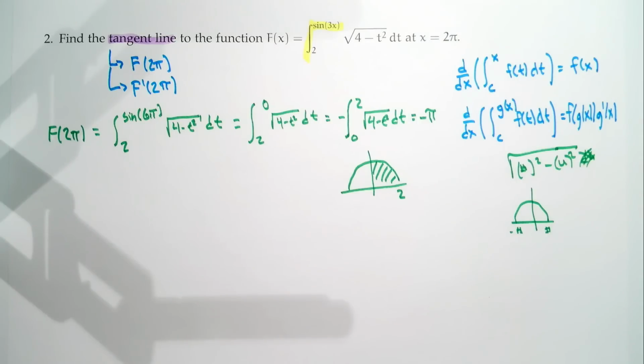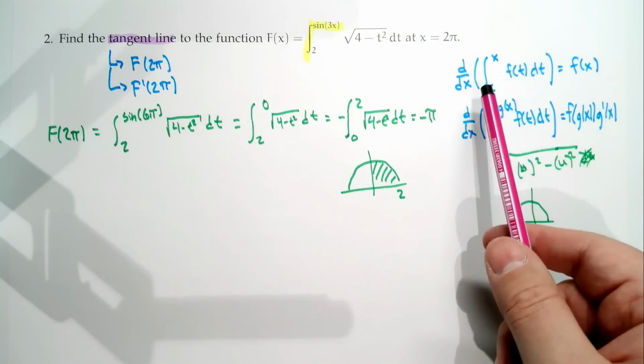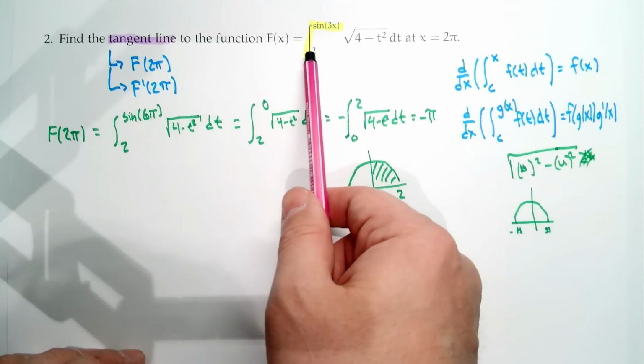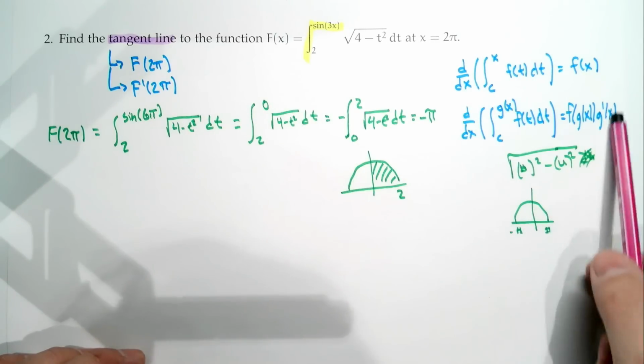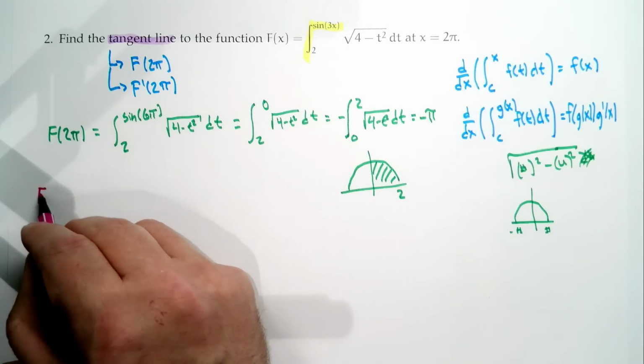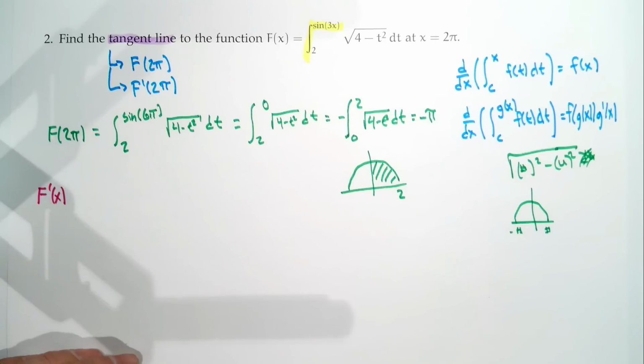For the other half, that's where we're pulling out the fundamental theorem, because we need to take the derivative. So I need to take the derivative of this expression, and now we have that ready to go. Before we write down f prime of 2 pi, we'll write down f prime of x.